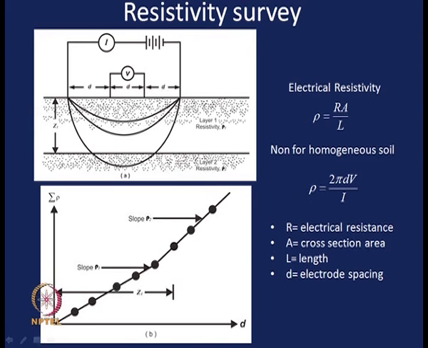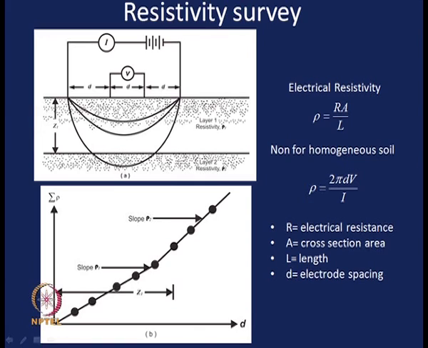So, if we change the spacing for these different points, then we can determine the resistivity for that particular spacing. Once we get the resistivity for that spacing, we can plot this diagram, where the x axis represents the spacing between the electrodes, and the y axis is the summation of the resistivity.